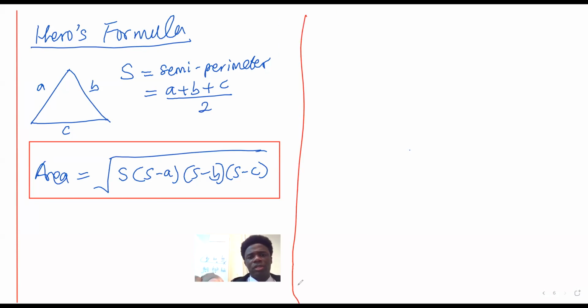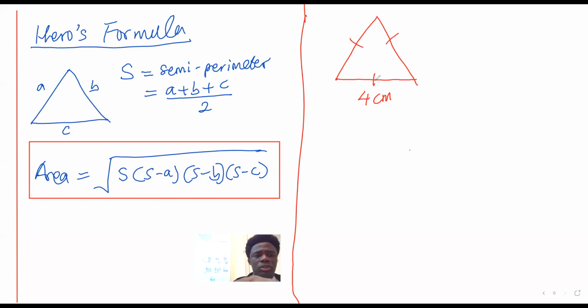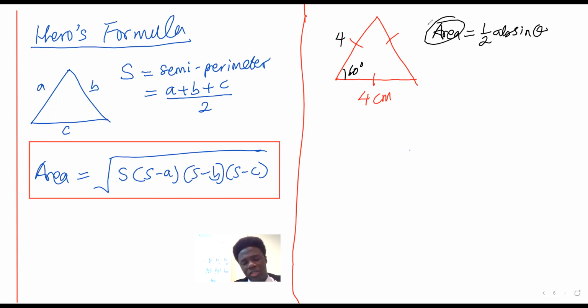Let's make use of the equilateral triangle. Let's say an equilateral triangle of side 4 centimeters. If you use the trigonometric approach, because all sides are equal and all angles are equal, your area is half ab sine theta. You see I stated my formula and I write area. I didn't write half ab sine theta.